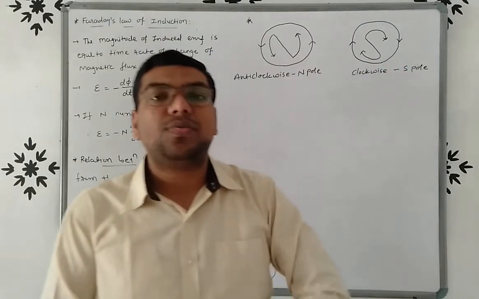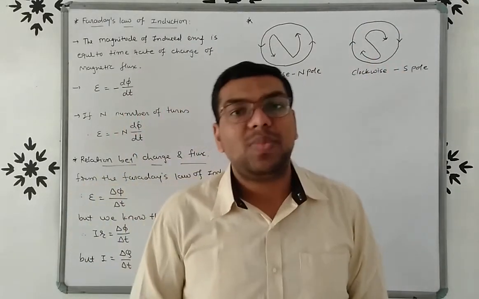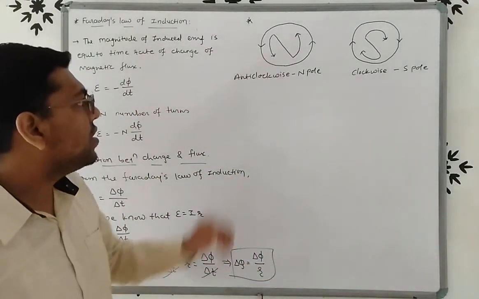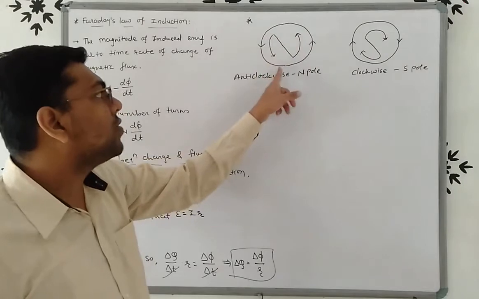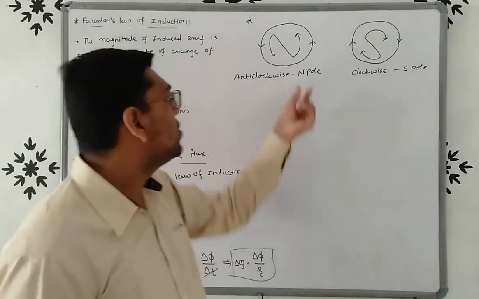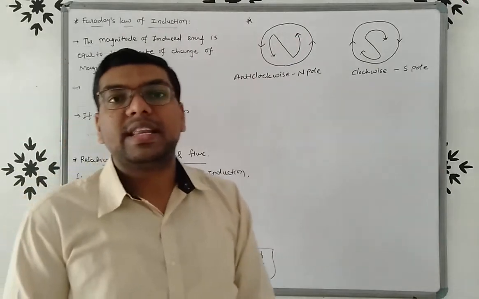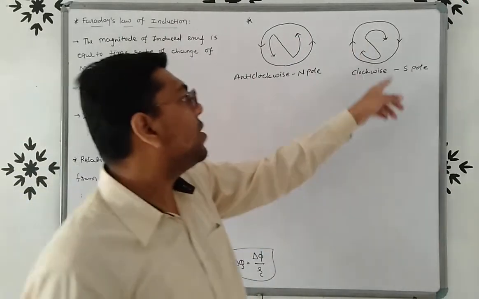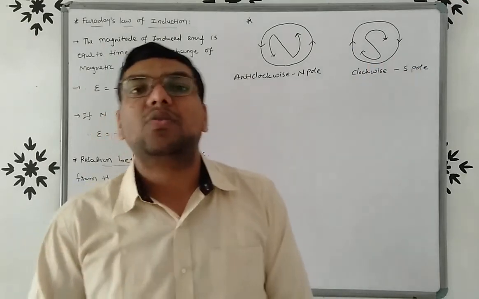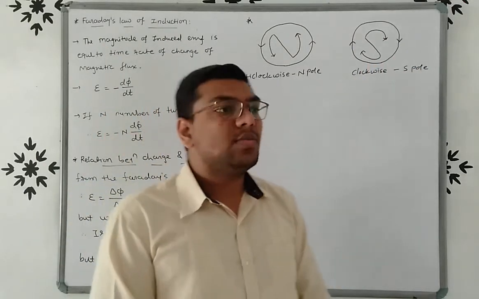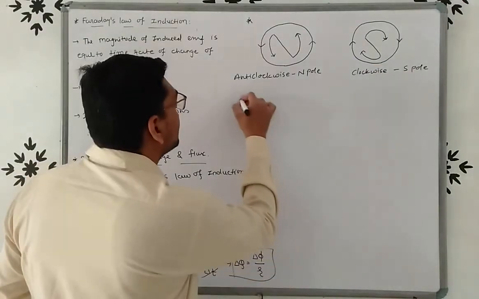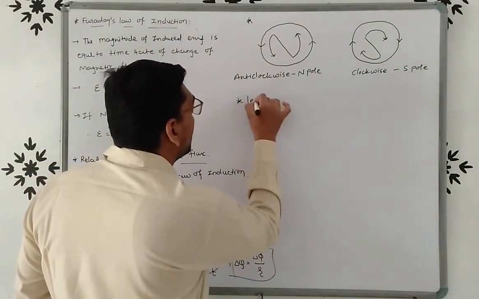So friends, you have to simply remember, if the direction of current is anti-clockwise, then the coil behaves as a north pole, and if the direction of current is clockwise, then the coil behaves like a south pole, right?